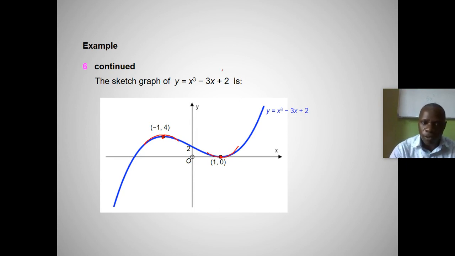Then we know this is the C. The number that always remains alone in a cubic or in a quadratic graph is always the C. C means the y-intercept. It's always where it cuts the y-axis. This expression cuts the y-axis at 2, so we put 2 here.